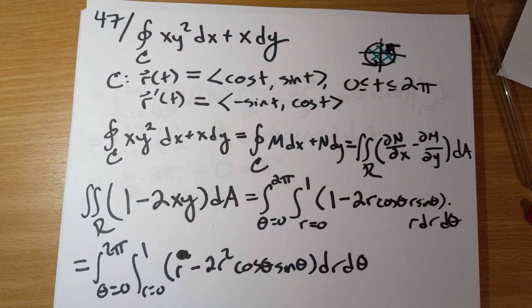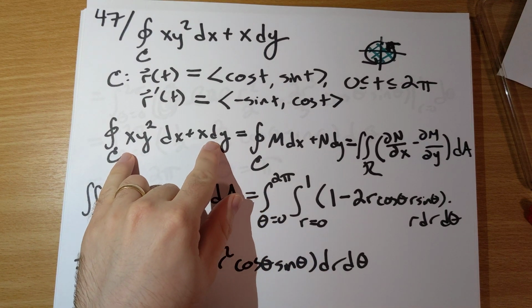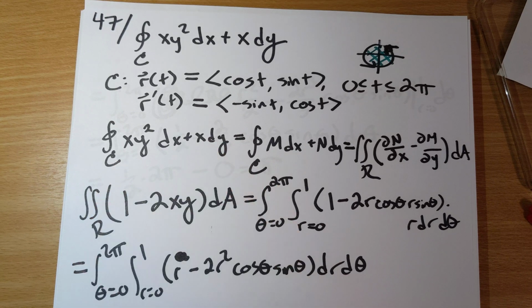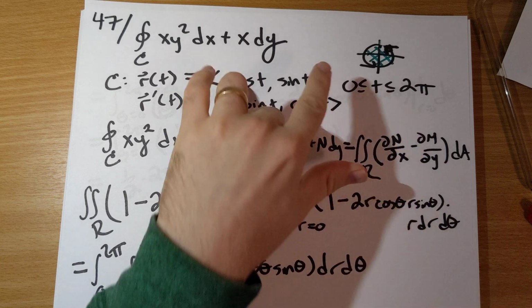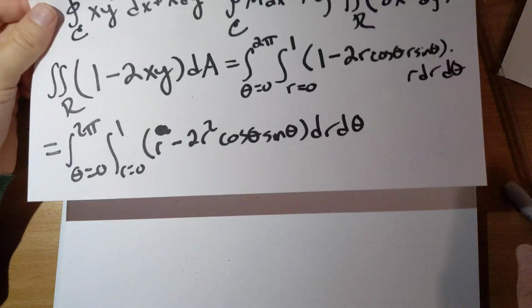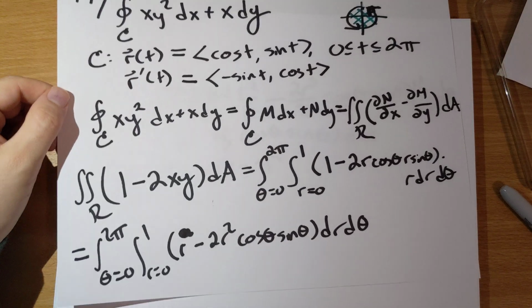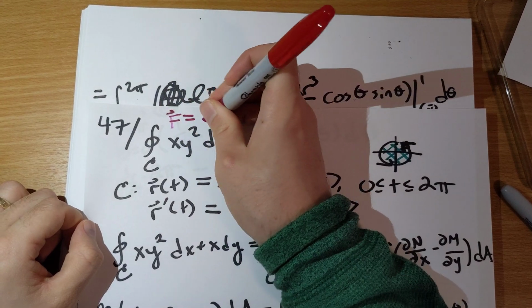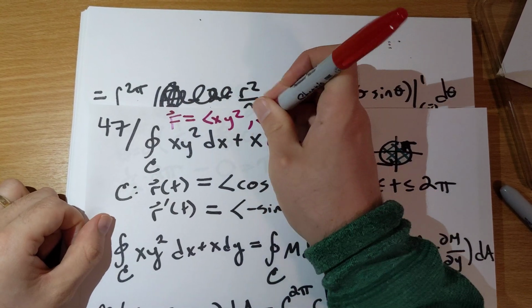Okay, so we show the answer is pi on the right here? Well, we also need to calculate the line integral on the left here, and make sure that we still get pi. Okay, so let's see, where are we? We have r of t, we have r prime of t. Let's do f. So f here is going to be xy squared, comma, x.